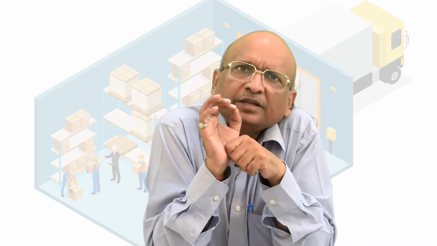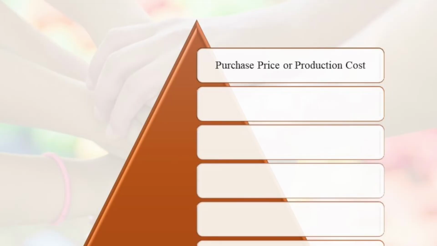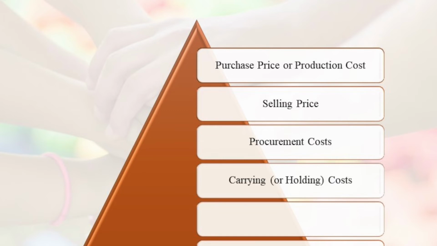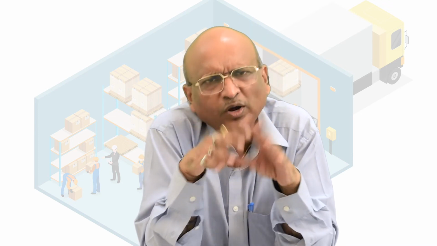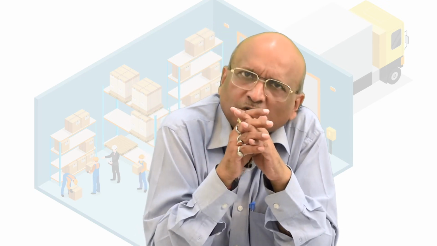There are certain economic parameters also, just like purchase price or production cost, selling price, procurement cost, carrying or holding cost, shortage or stock out cost, and cost of operating the information processing system. Means all types of IT related cost will come under this type of cost.